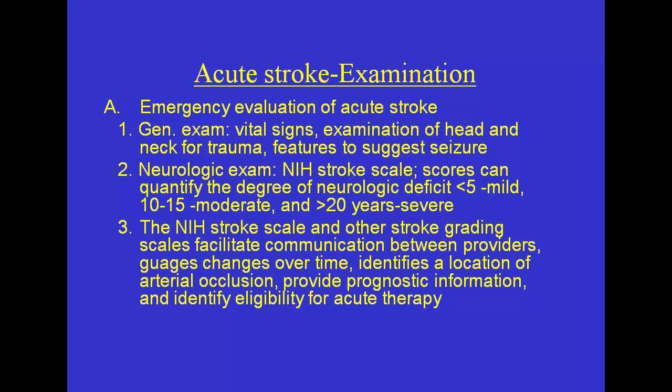Also, those correspond, presumably, to the size of the infarction. The NIH stroke scale and other stroke grading scales facilitate communication between providers, gauge your changes over time, identify location of arterial occlusions, provide prognostic information, and identify eligible patients for acute therapy.